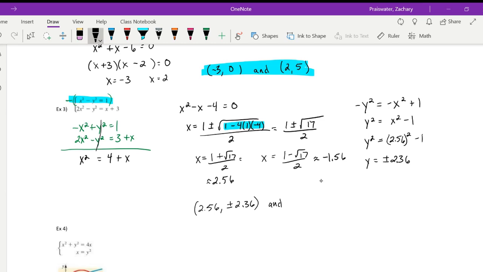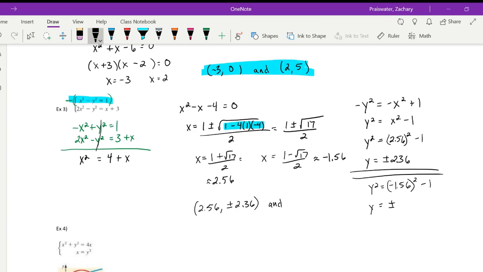And when I plug in the negative 1.56, y squared is equal to negative 1.56 squared. And because you're squaring the negative, just ignore the negative sign. I wouldn't even type it in your calculator. And then you have to find that value and then take the square root.